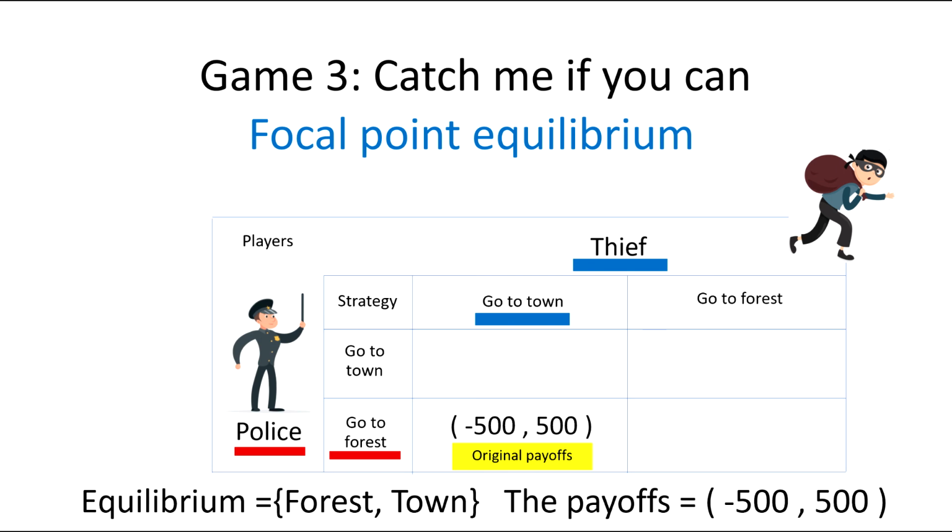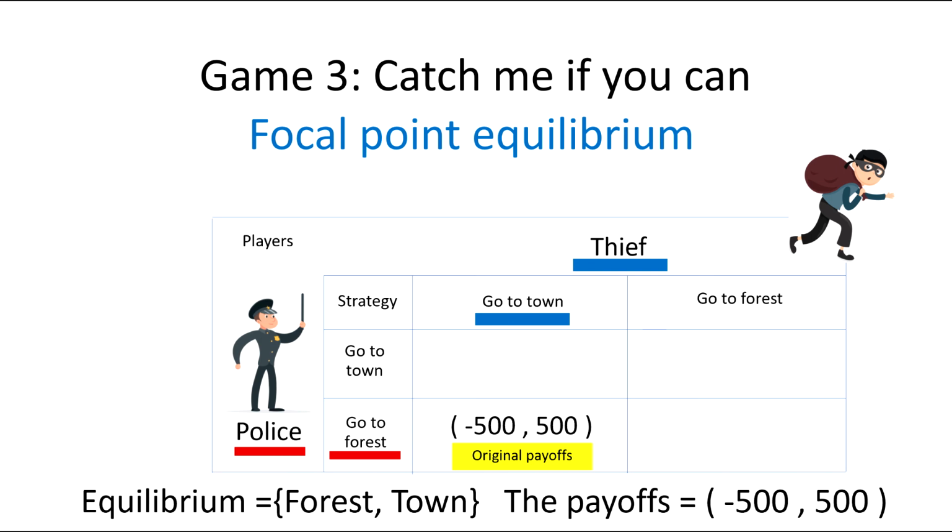And we see that the original payoffs state that the police will lose 500 and the thief will gain 500 U-tunes. So the thief escapes, and the police cannot catch the thief. So you see on the bottom of the screen, the equilibrium is at the police going to the forest and the thief going to town, and the payoffs record the original payoffs.